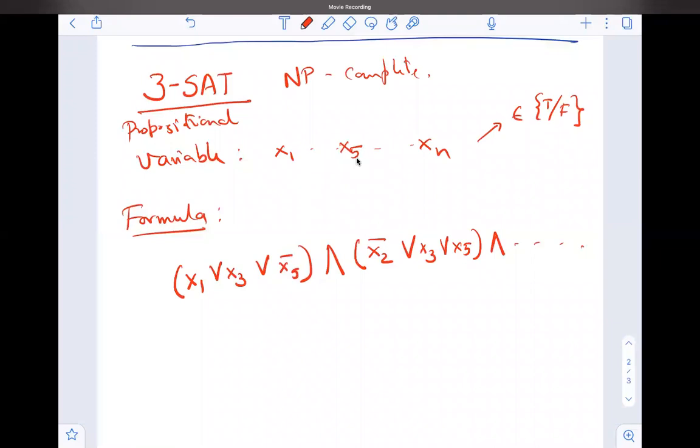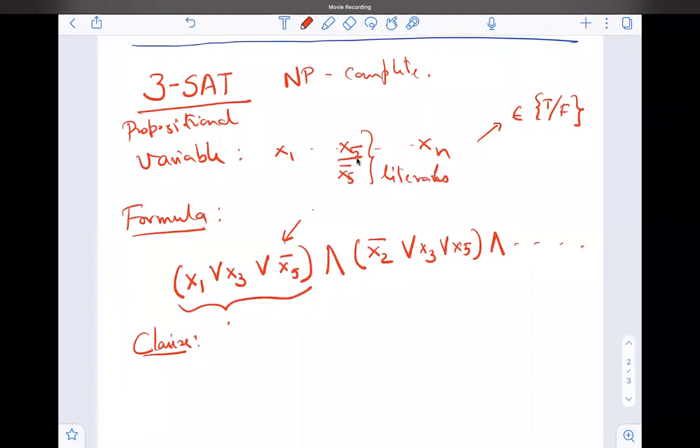So this is called a 3-SAT. Why 3? These are called clauses. This is clause 1. Clauses are just ORs of 3 variables, or 3 literals. Each of them is called a literal. I can either give you x5 or x5 bar.